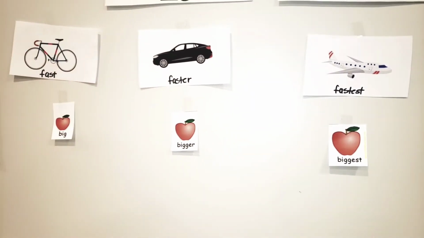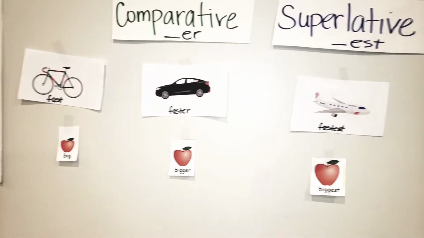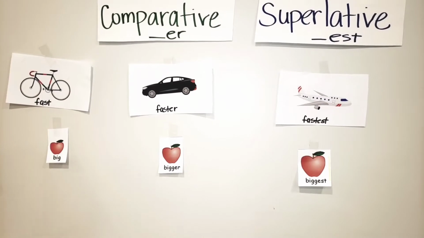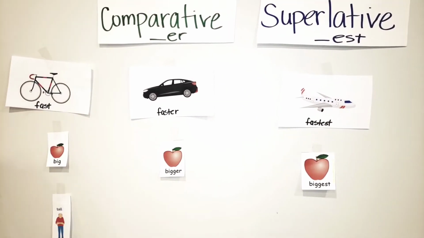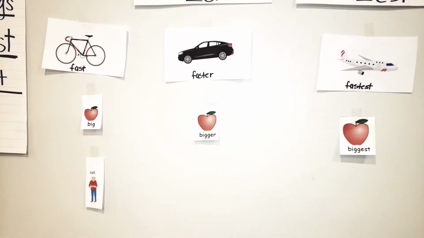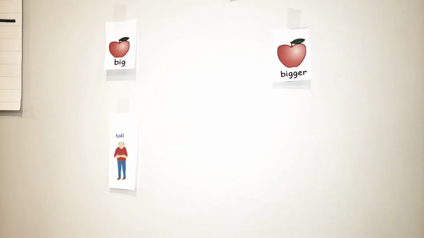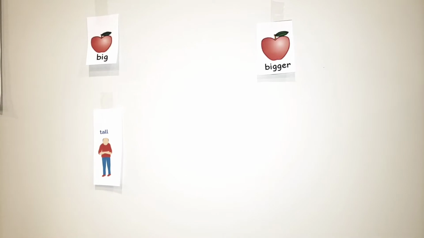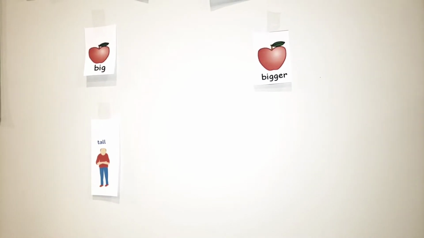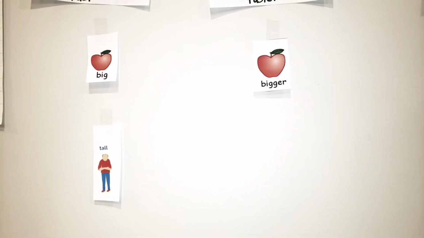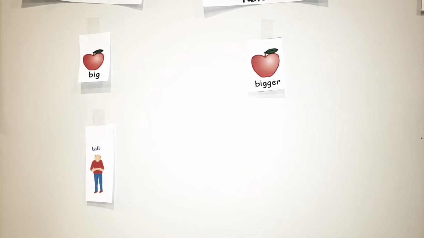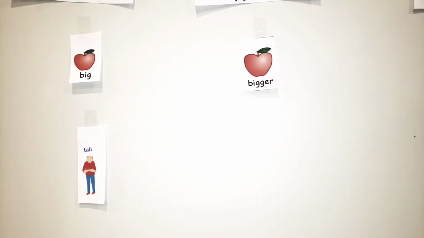Good job. Now, I can say the man is tall. Now, boys and girls, if I'm comparing both men, what is a comparative? The man is tall, but this man is, what is it? Perfect. Very good. Good job, Irvin.